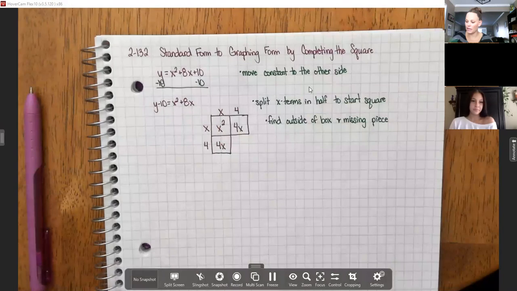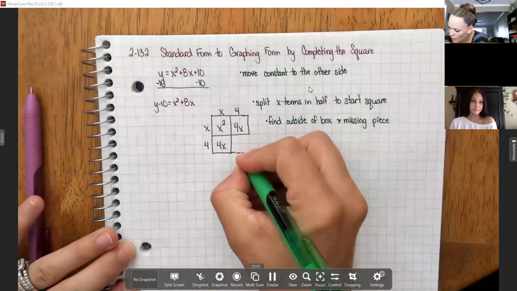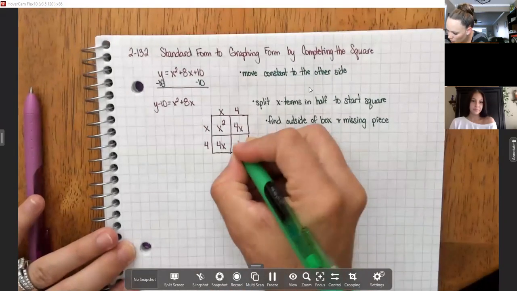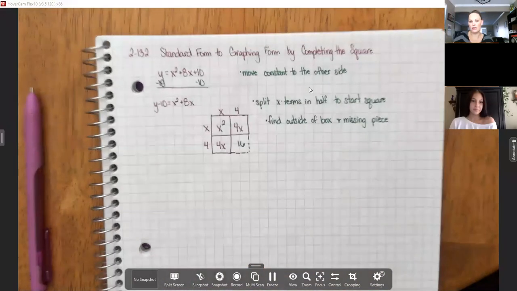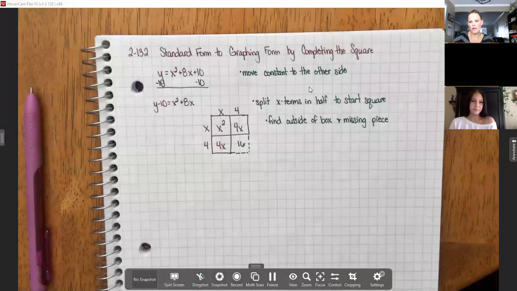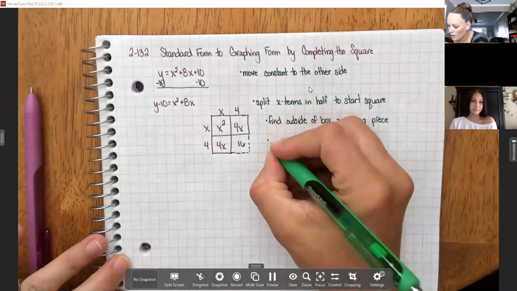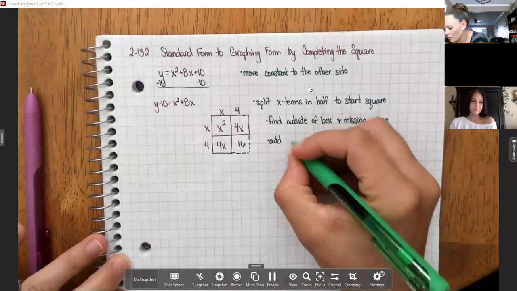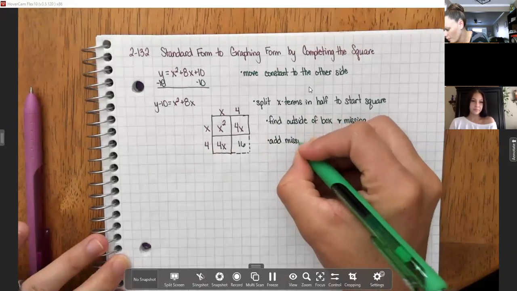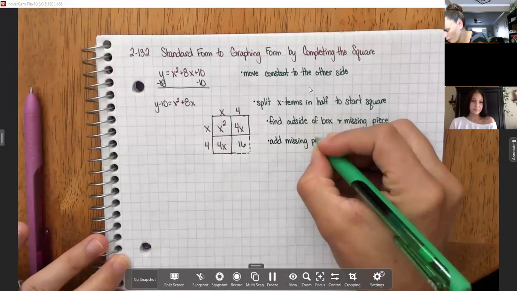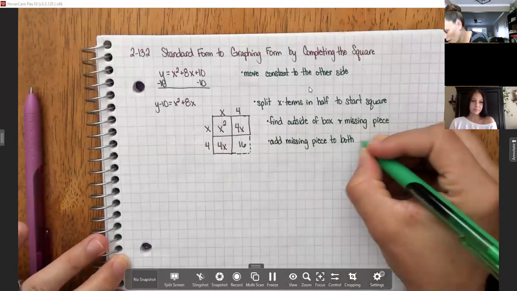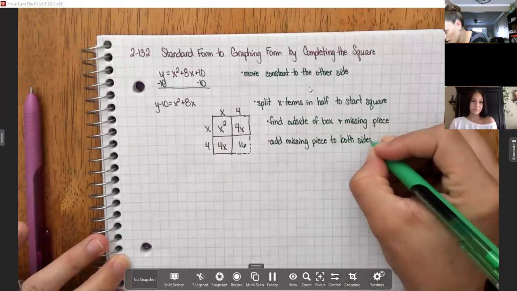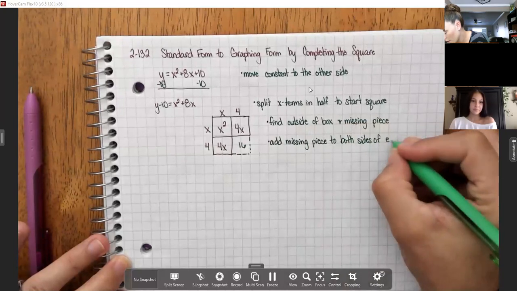And so our missing piece here would be 16. 4 times 4 would be 16. And then we want to add our missing piece to both sides of the equation.